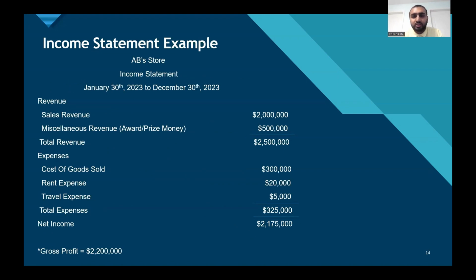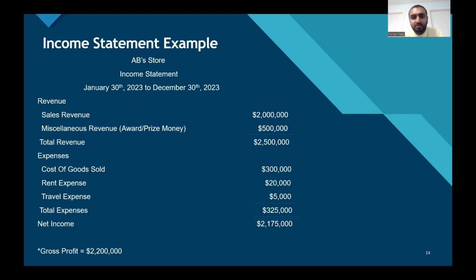So this is the most simple income statement example, right? We have a store in this example. Then we have the label of income statement from January 30th, 2023 to December 30th, 2023. As we said in the previous slide, an income statement is a period in time, right? So we have a nice little range there.